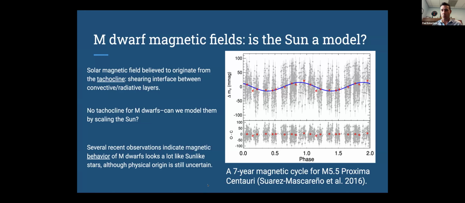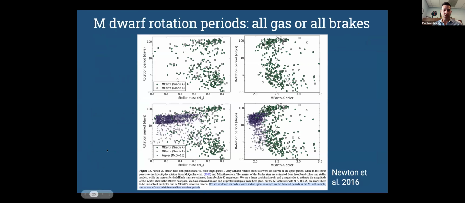So looking more deeply at M dwarf rotation, if you ask me to say, how do M dwarfs rotate, it's either really fast or really slow. And so this is looking at a few dimensions of the problem for a collection of measured stellar rotation periods.